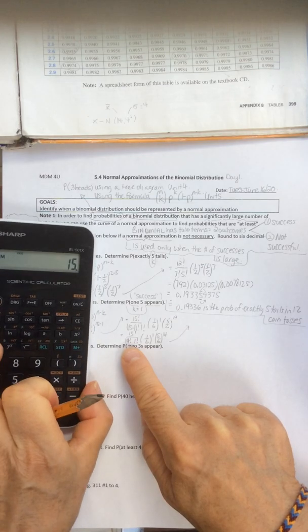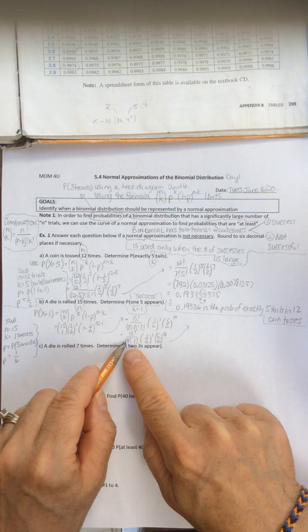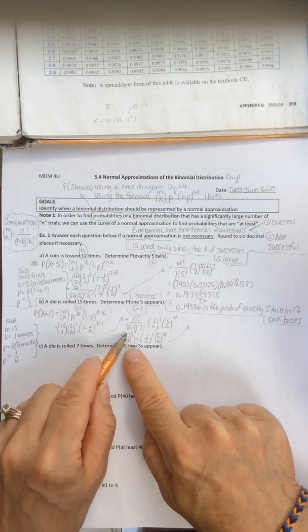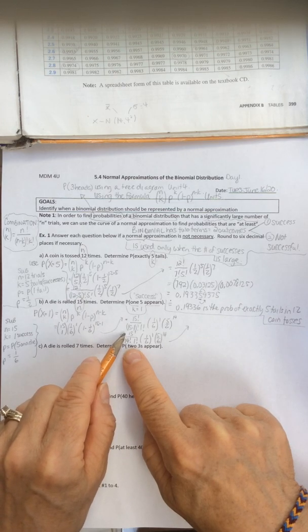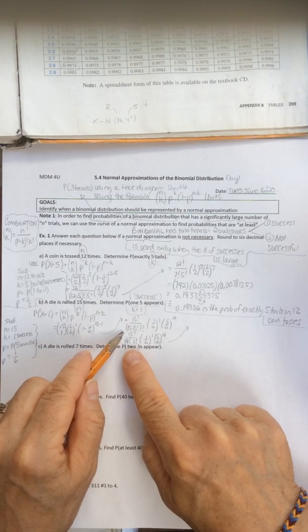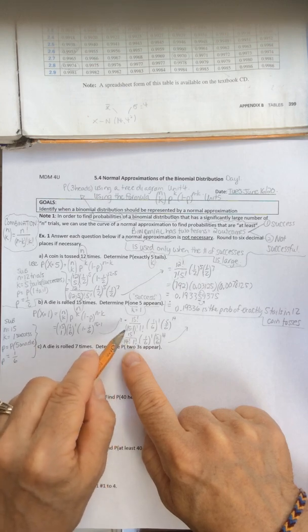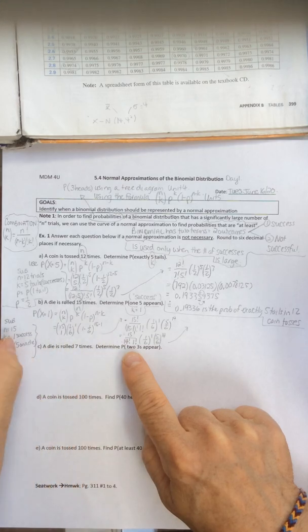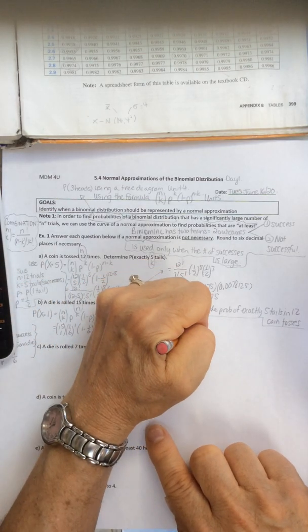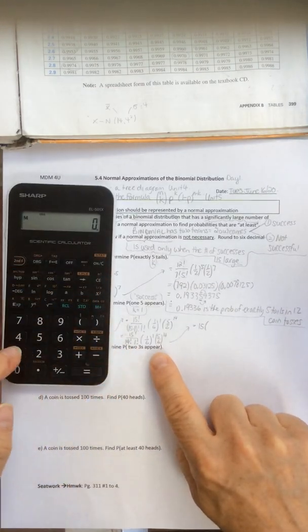And you say, I don't understand that. Well, 15 factorial is almost identical to 14 factorial. The only difference is that the numerator has 15 times 14 times 13 times 12 times 11, etc., and the denominator is 14 times 13 times 12. Then they cancel out, and the only thing left in the numerator is the 15. So that's 15 times 1 over 6 to the power of 1.